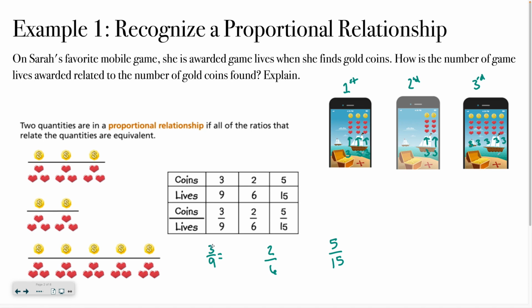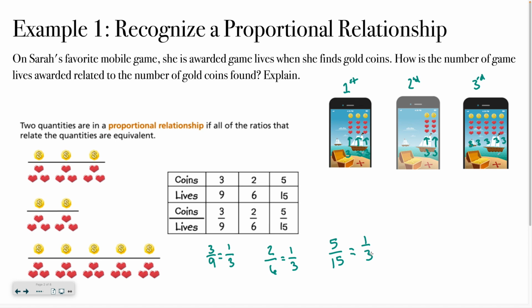If I simplify 3 over 9, I get 1 over 3. 2 over 6 simplifies to 1 over 3. 5 over 15 simplifies to 1 over 3. So all of these are equivalent ratios.